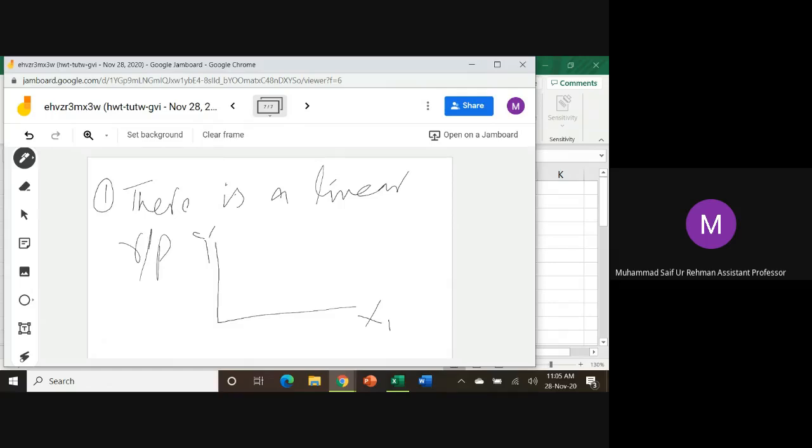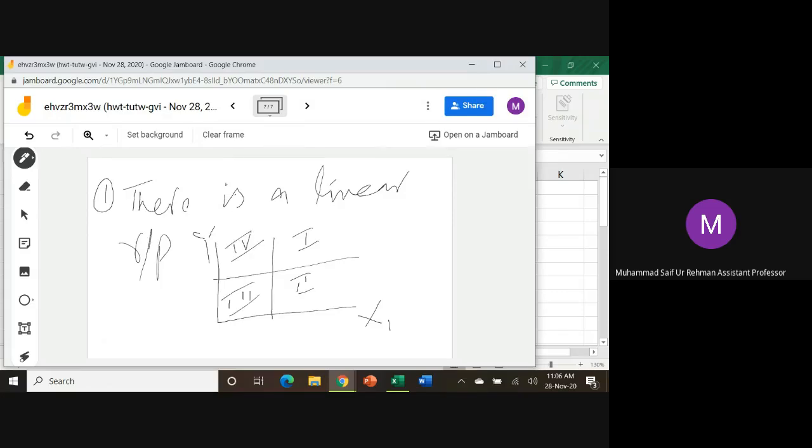As I have already explained in class, you have to write down the quadrants: quadrant 1, quadrant 2, quadrant 3, quadrant 4, with the mean of x1 and the mean of y.